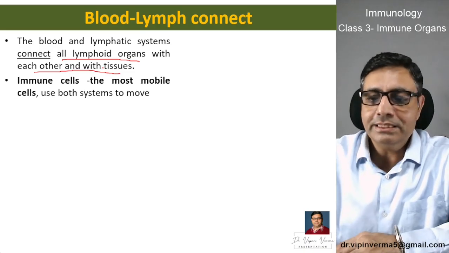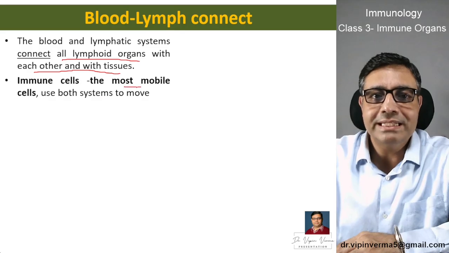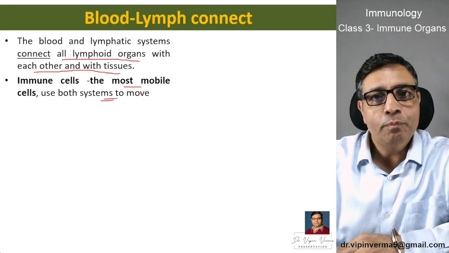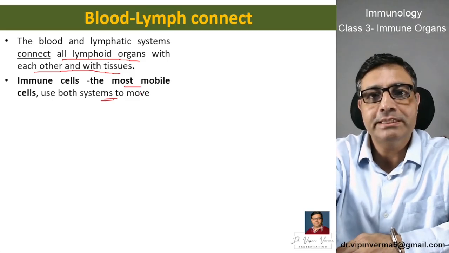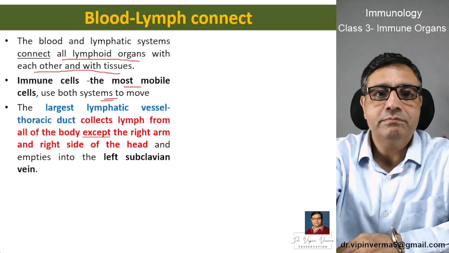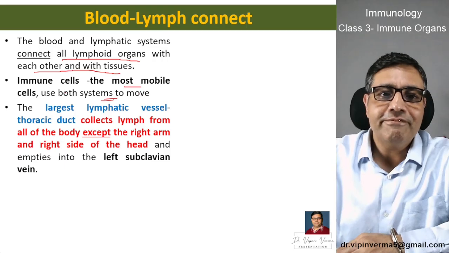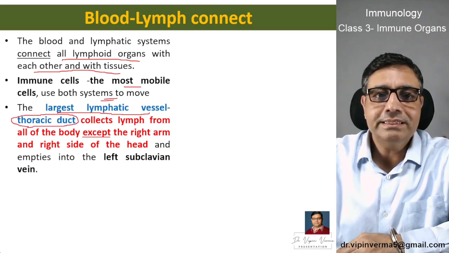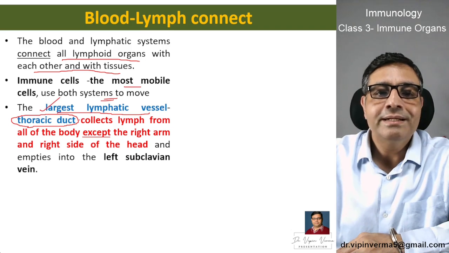The immune cells are the most mobile cells. They use both systems to move, navigating through the blood vascular system as well as the lymphatic system. The largest lymphatic vessel is the thoracic duct. Remember, the largest lymphatic vessel is the thoracic duct.